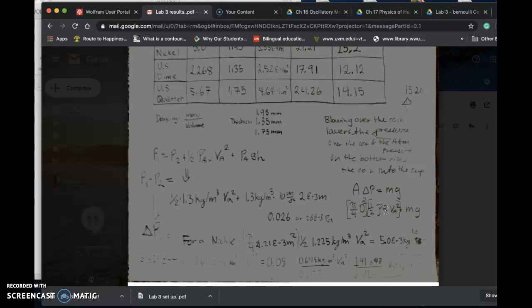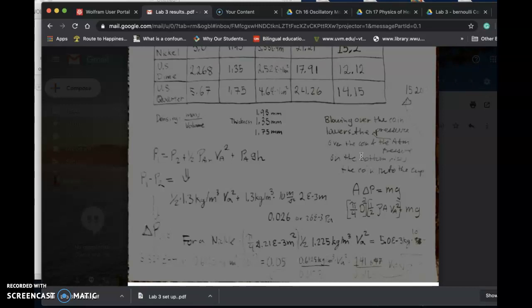In this case, we're using 10 meters per second to make the calculation simple. That change in P is 1/2 rho of A, which is air, multiplied by the velocity of air squared. Whereas the area, you take pi over 4 times the diameter of each coin squared.